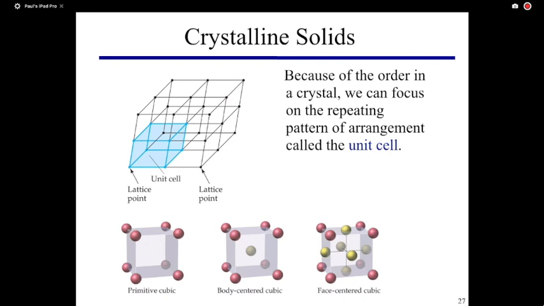Why in the world do we call that one body-centered? What's in the center of this one? Do you see? There's a whole something inside the middle. It's inside the center.